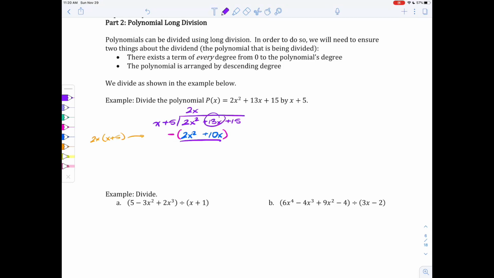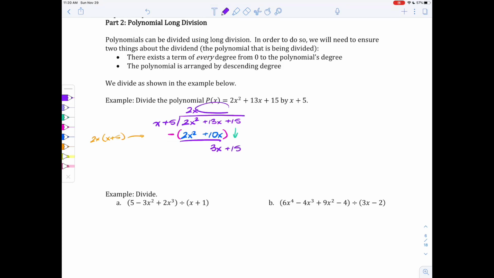And then 13x minus 10x is 3x. So that step is done. To proceed, we're going to be dropping this. The 15 will come down here.